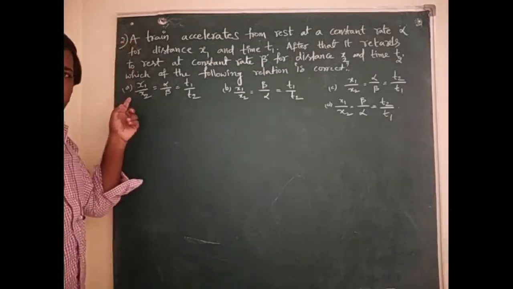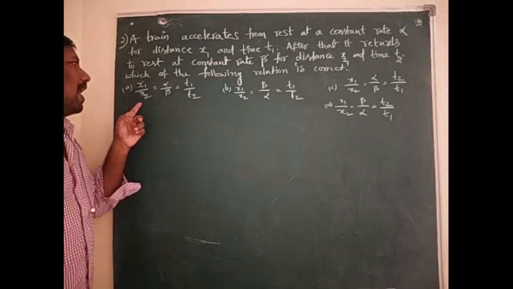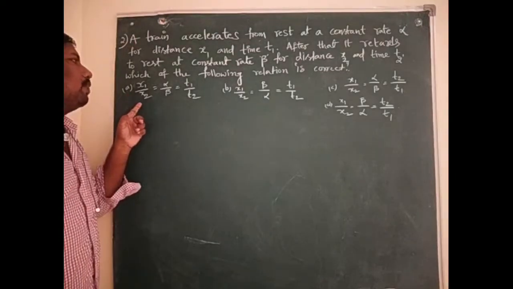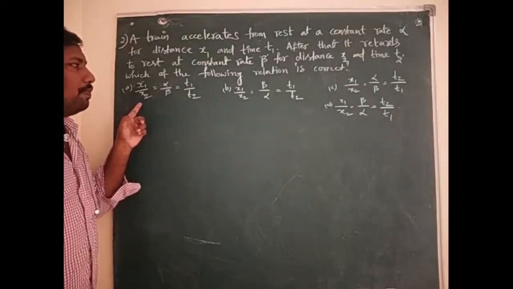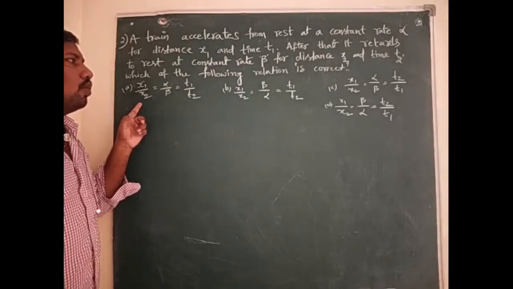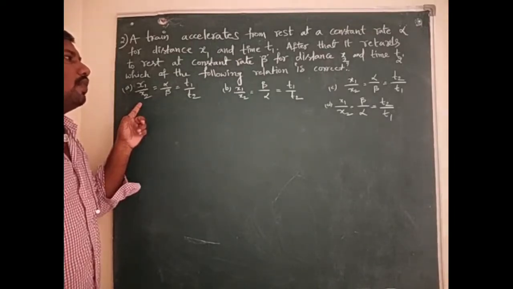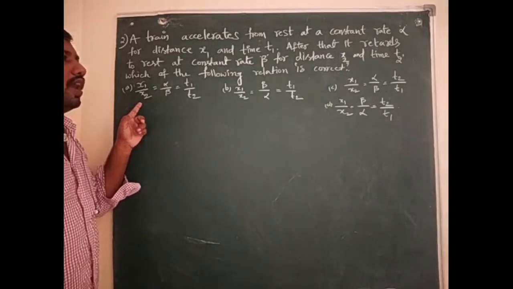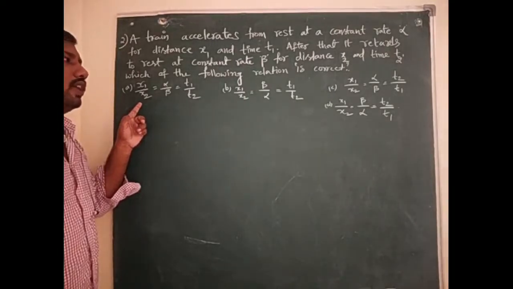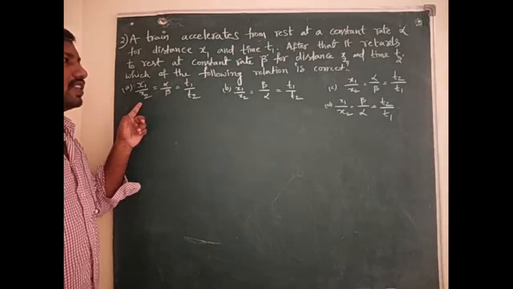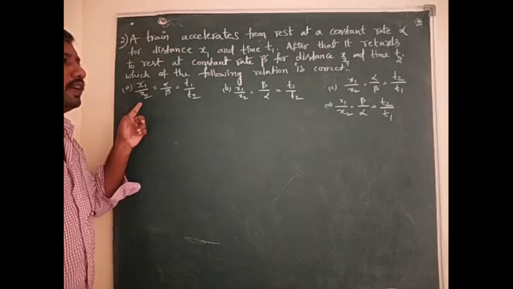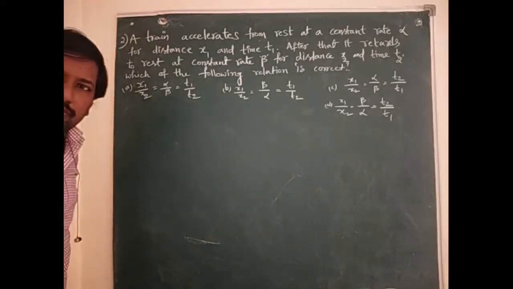Option A, x1 by x2 equal to alpha by beta equal to t1 by t2. Option B, x1 by x2 equal to beta by alpha equal to t1 by t2. Option C, x1 by x2 equal to alpha by beta equal to t2 by t1. Option D, x1 by x2 equal to beta by alpha equal to t2 by t1. So these are the 4 options.